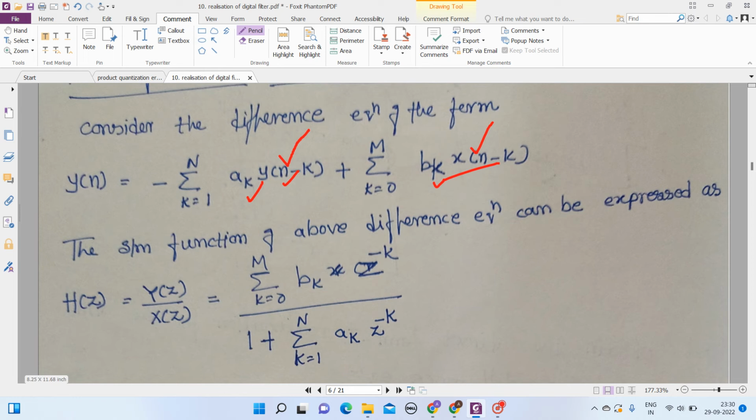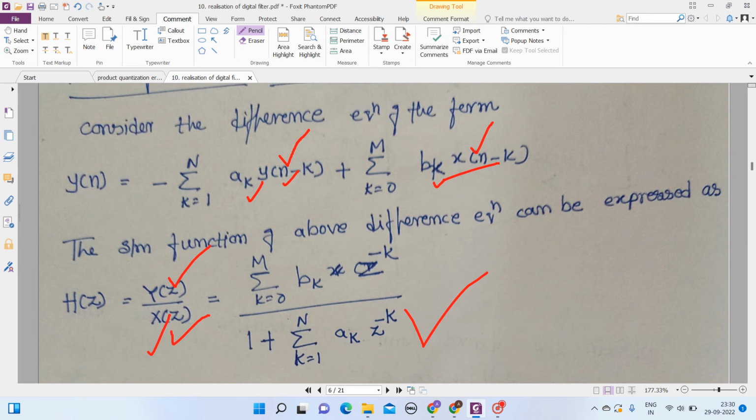This is the Z transform representation of system. Transfer function H of z is equal to the ratio of output divided by input, right? H of z is equal to y of z divided by x of z. How we got this equation? So we will see.